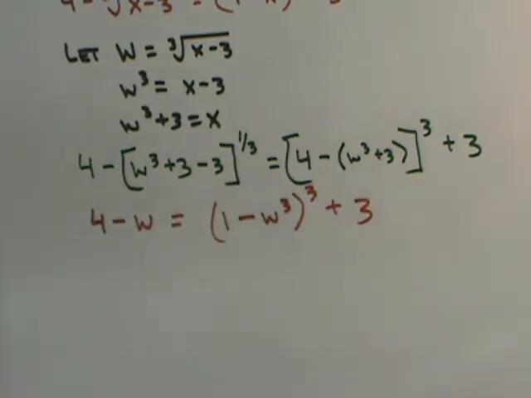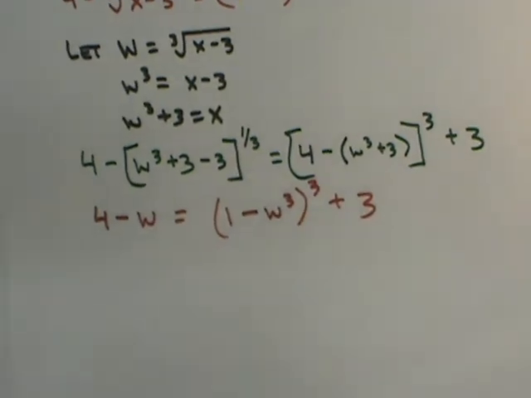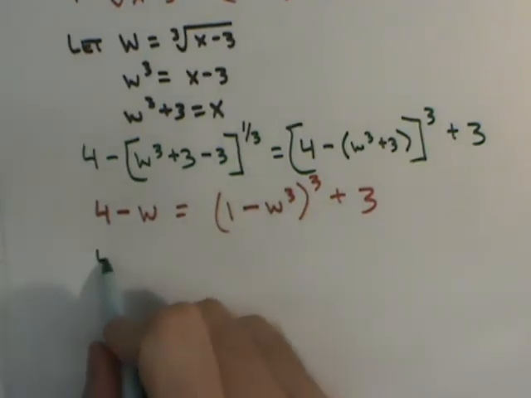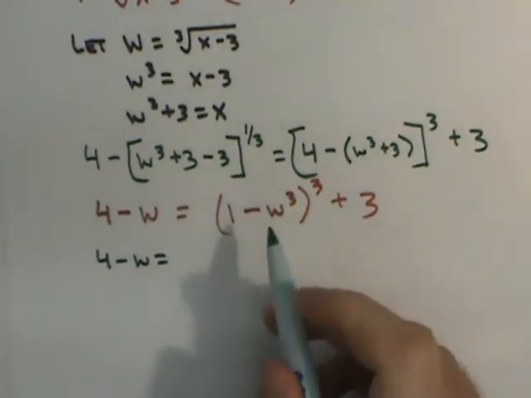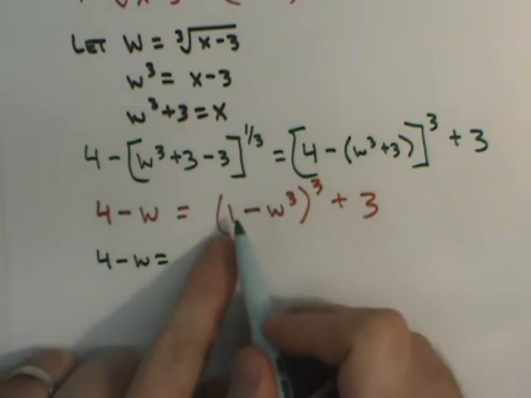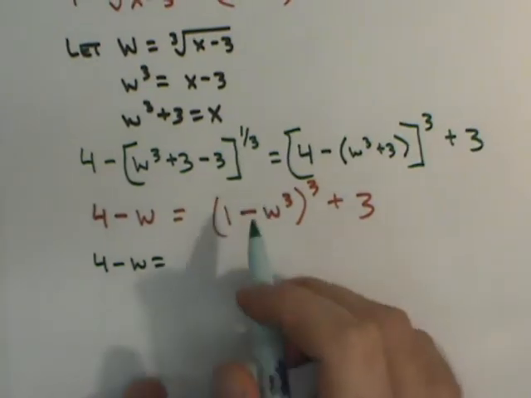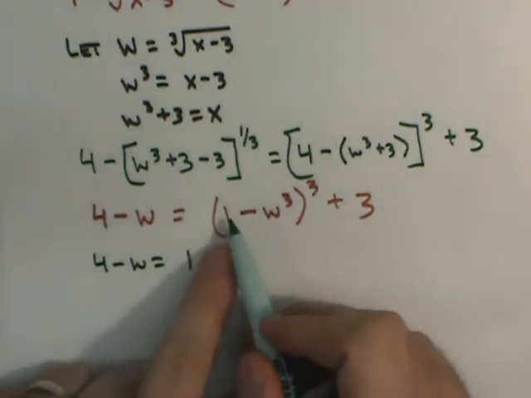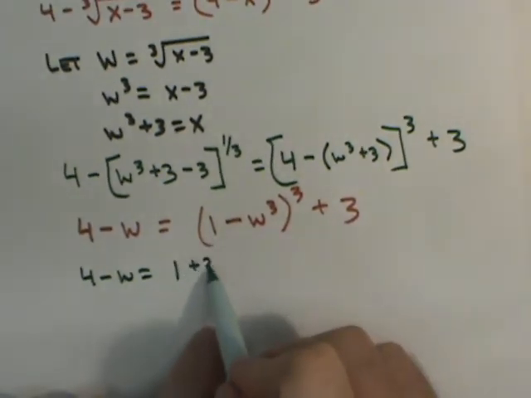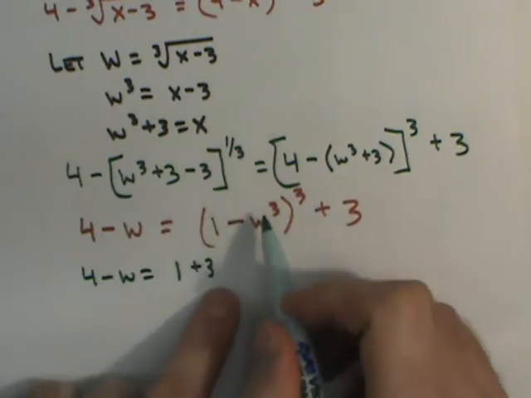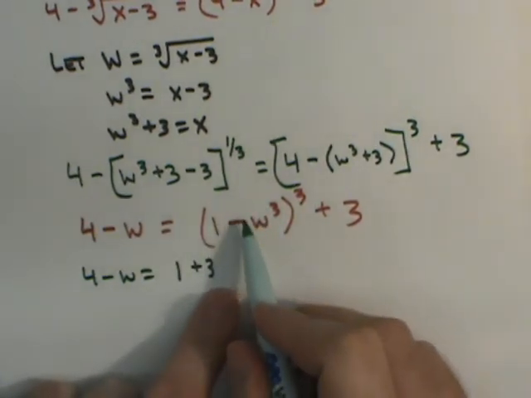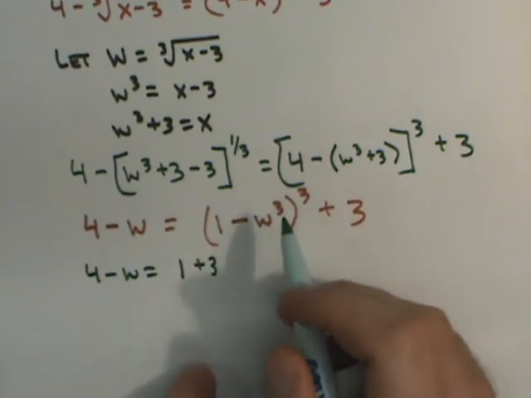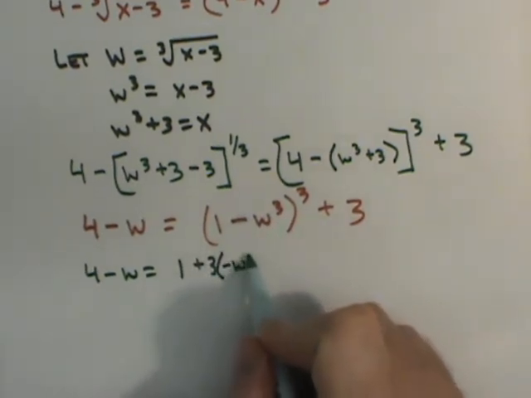And so the next step is I have to expand this cubic. I could write this as 4 minus w equal. Remember, when you expand a cubic, it's going to be a cubed. So 1 cubed is 1, plus 3 a squared, which would be 1 squared, which is 1, times b. Now b would be negative w cubed, so I'll have a negative w cubed here.